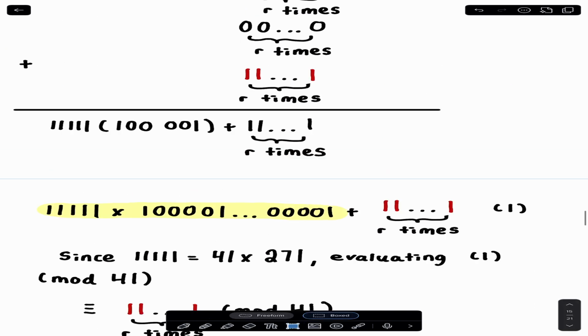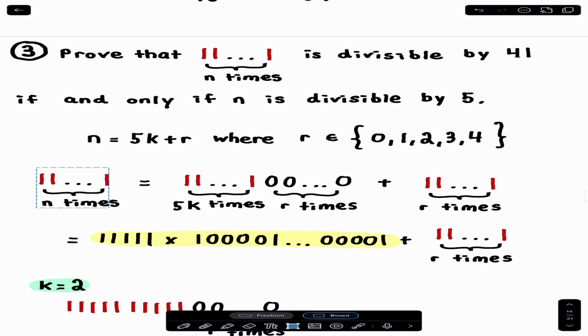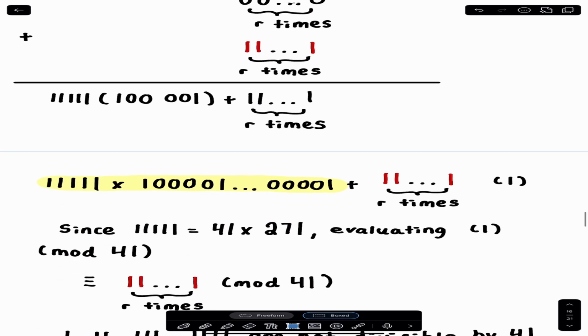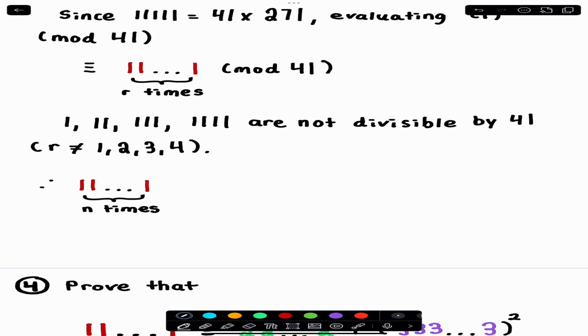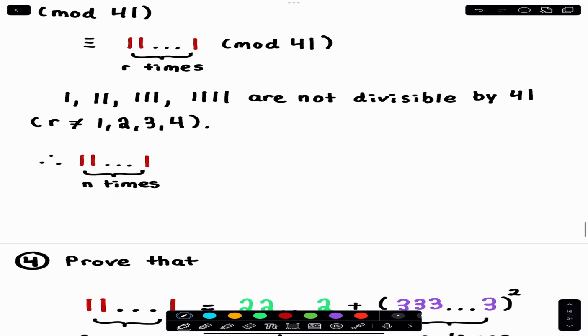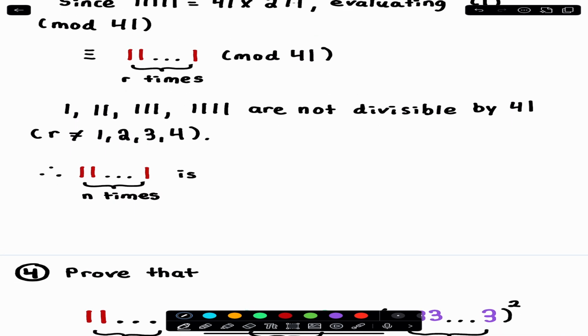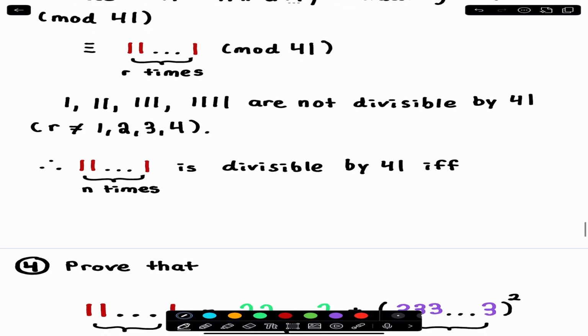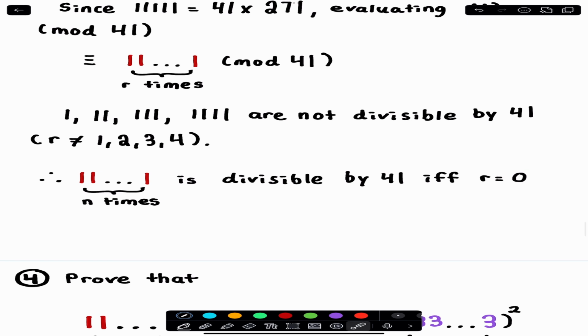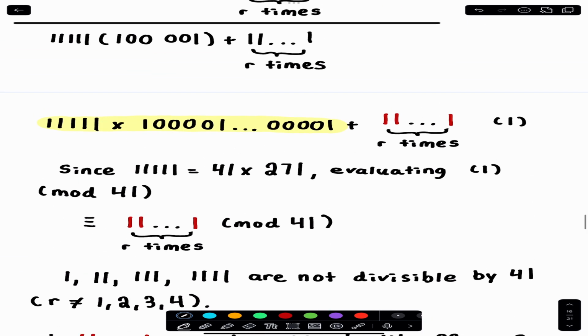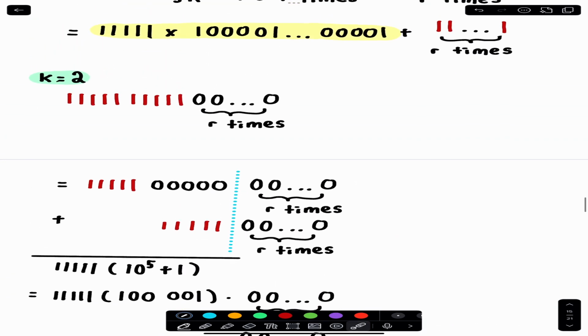So therefore, our original number at the start, n copies of 1, this number is divisible by 41 if and only if R equals 0, where, remember, n is equal to 5k plus r, as we said at the start over here.